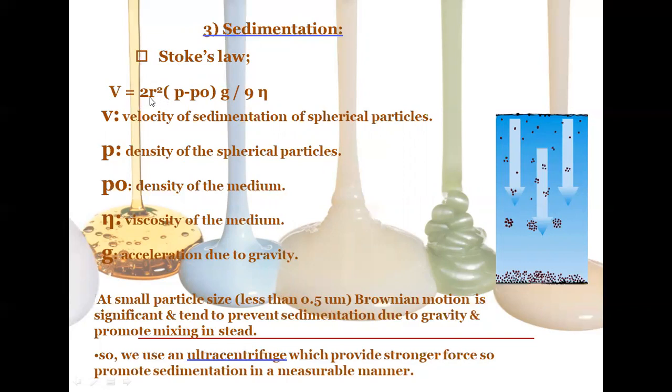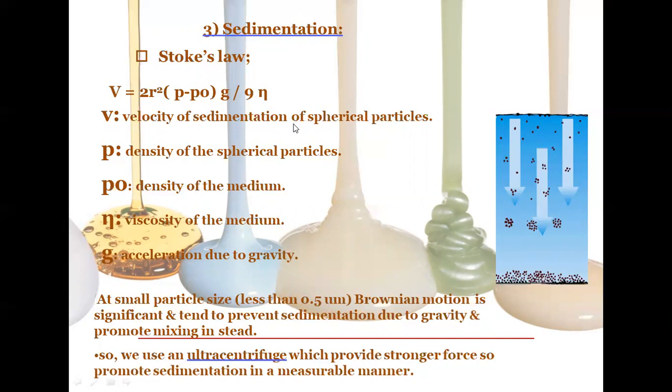So V equals 2r square (rho minus rho 0) g divided by 9 eta. If it is expressed by d, then d square (rho minus rho 0) g divided by 18 eta. If you convert this r to d, that means d equals 2r, then it will be 18.